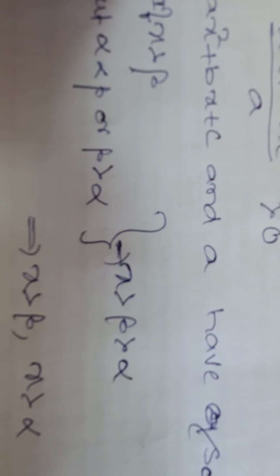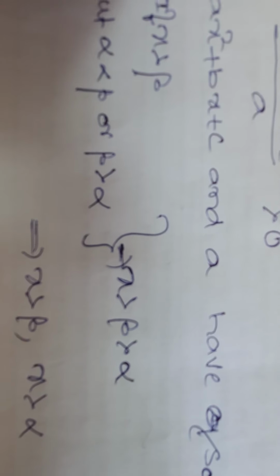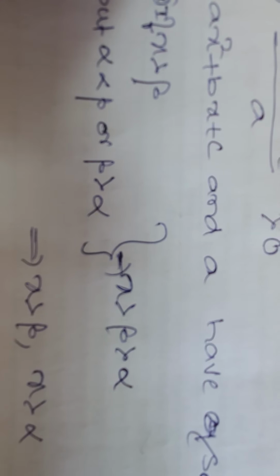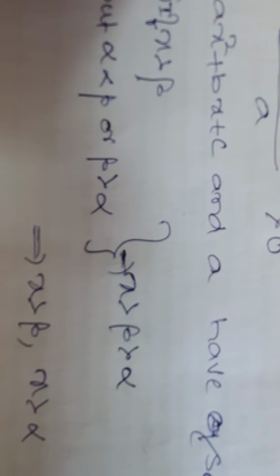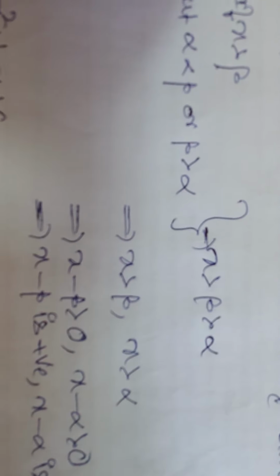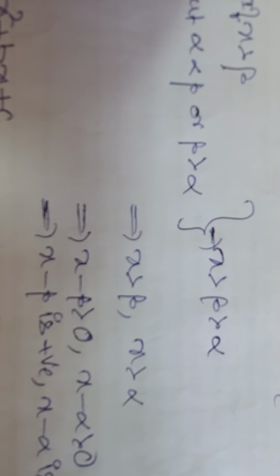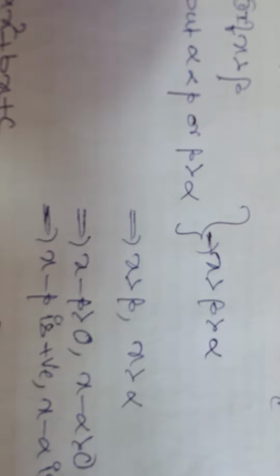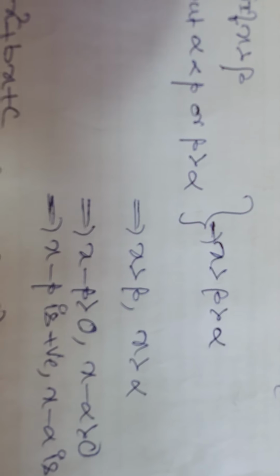Then we get x > β > α. Now we have to split this inequality into two separate inequalities such that they have x. That implies x > β, x > α, so x − β > 0, x − α > 0. x − β is positive, x − α is also positive.